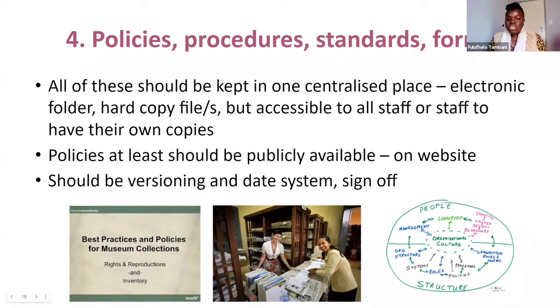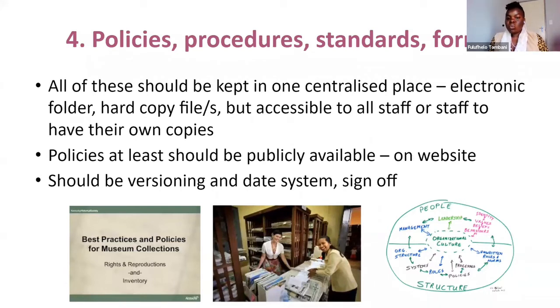There should be versioning and a date system and a sign-off process. So you as an institution need to know how we version our documents. You might decide that you start with the name of the document, then the date, and then maybe the person who's responsible for that document, whatever system you decide on.